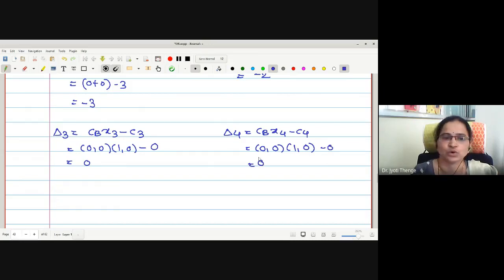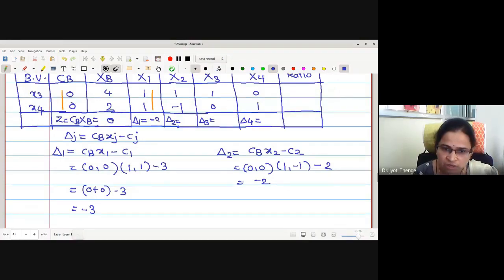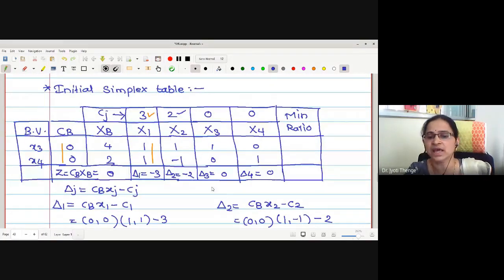Therefore this is also 0. Therefore all the 4 net evaluation values we have calculated. Let me put it here. This is minus 3, minus 2, 0 and 0. Now here you can observe very easily that net evaluations corresponding to basic variables are always 0. These are the basic variables, x3, x4 initially. So these two values have to be 0.